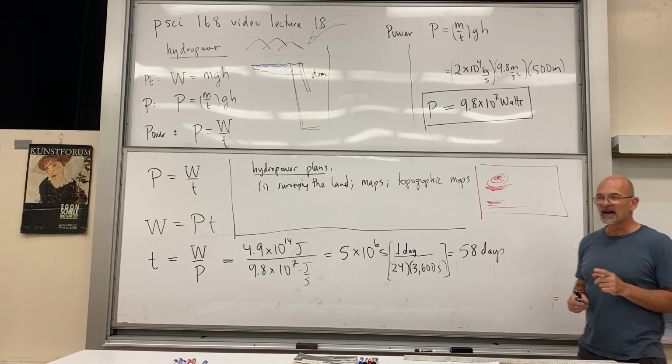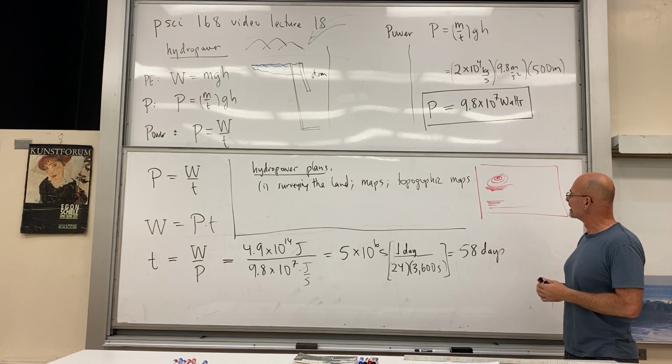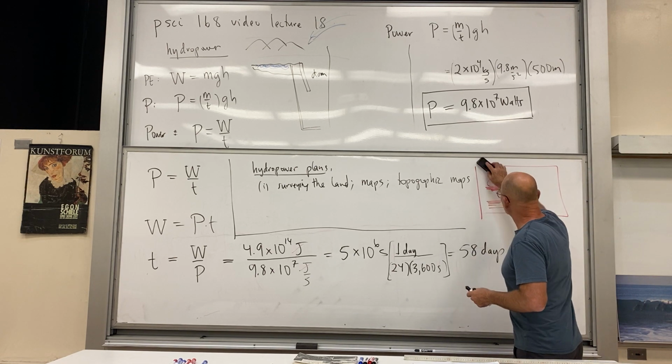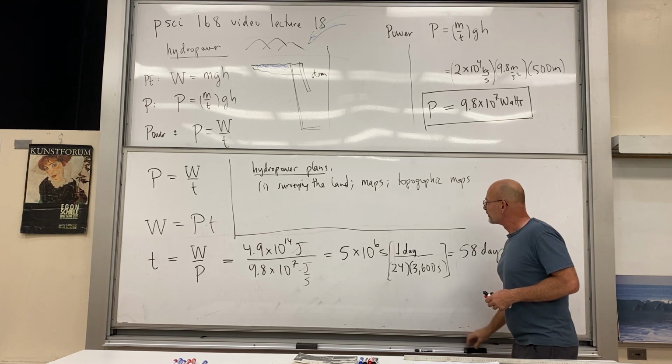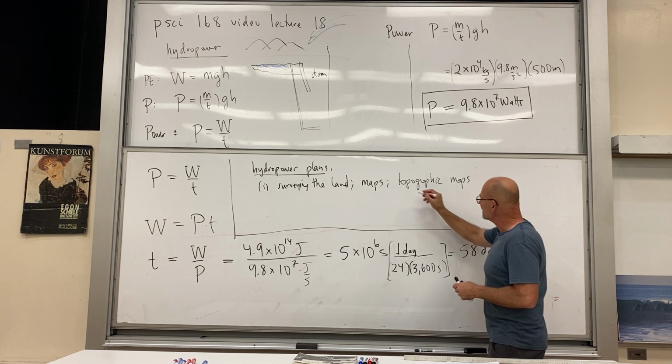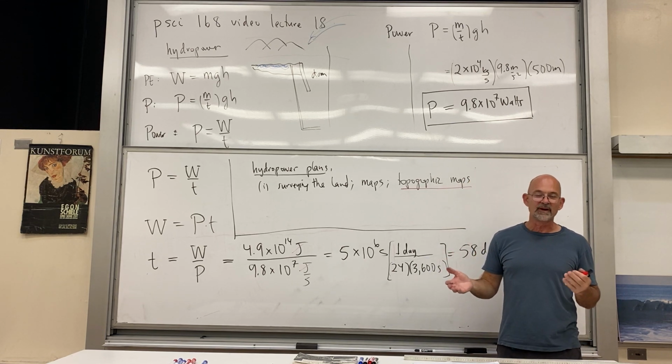Well, I may send you guys some images of topographic maps that we can look into. Point is from the topographic map data, you can actually estimate the volume of a valley.